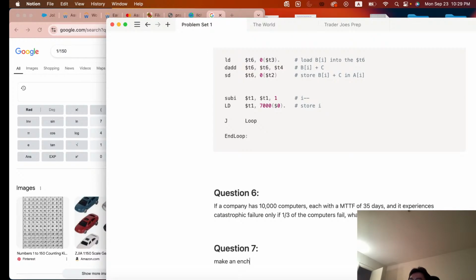An enhancement to a computer improves some mode of execution by a factor of 10.